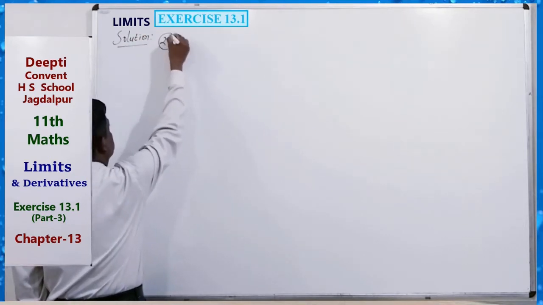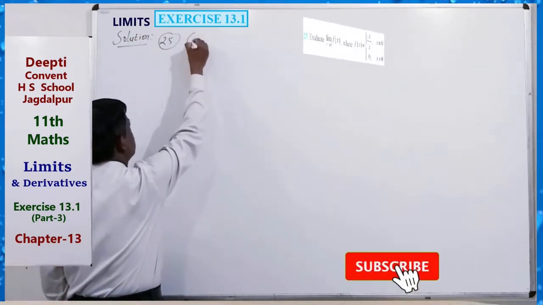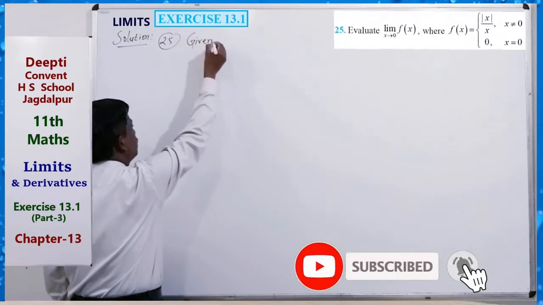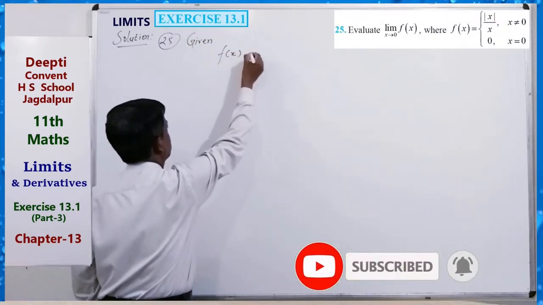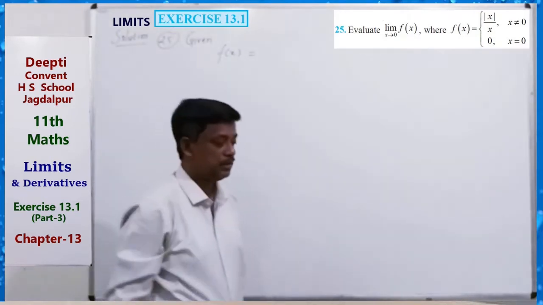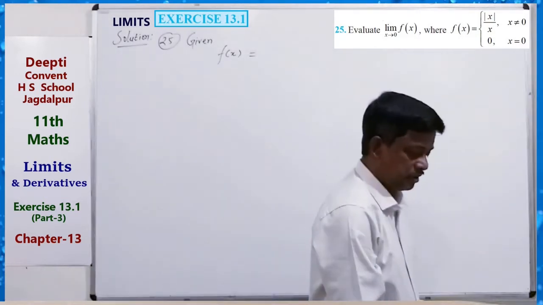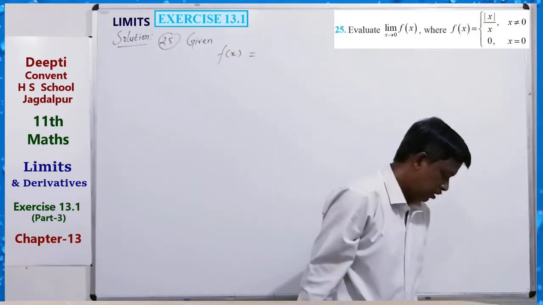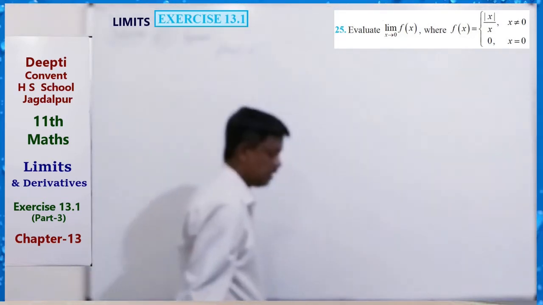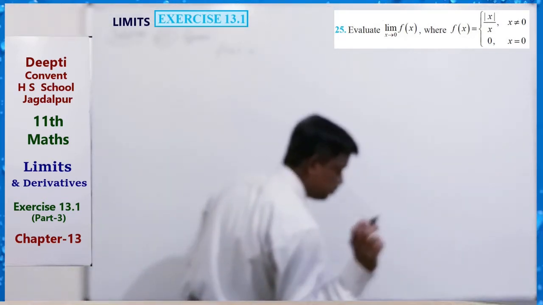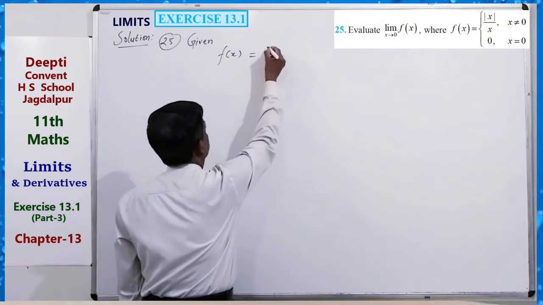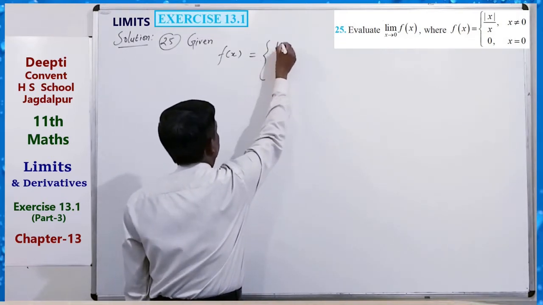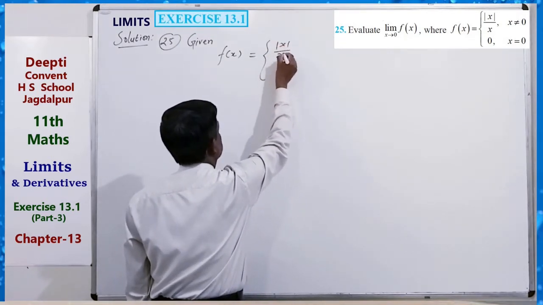25. So the function is given: f(x) equals mod x by x, x not equal to 0, and 0, x equal to 0.